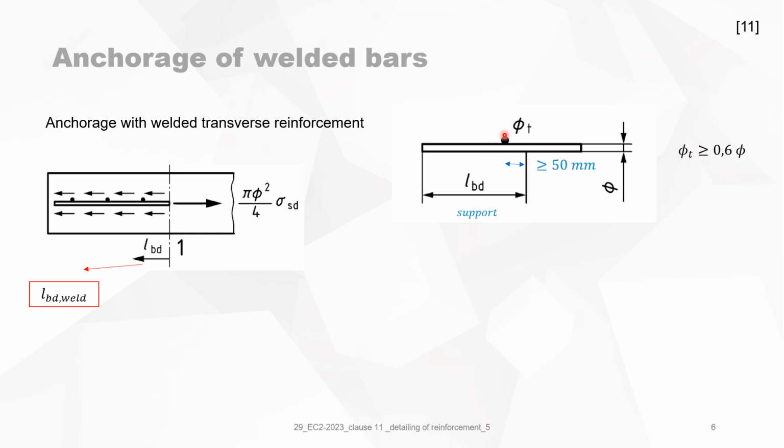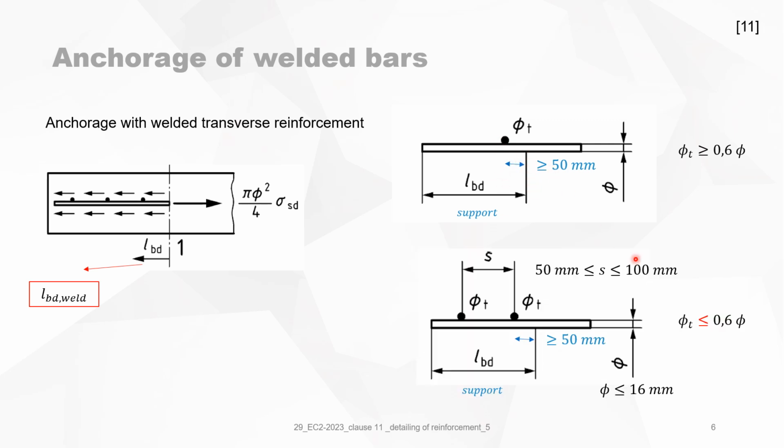When the transfer reinforcement diameter is bigger than 0.6 times the diameter of the bar, then when you have a support, you should anchor it over a distance LBD over the support, which is logical and which we have done previously. For the transfer reinforcement, the distance to the edge of the support must be bigger than 50 millimeters.